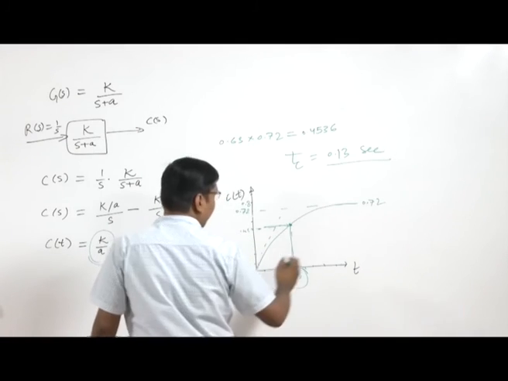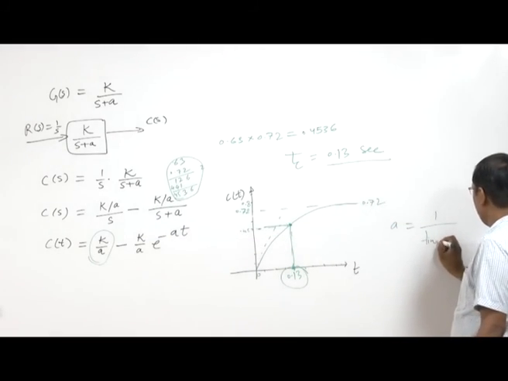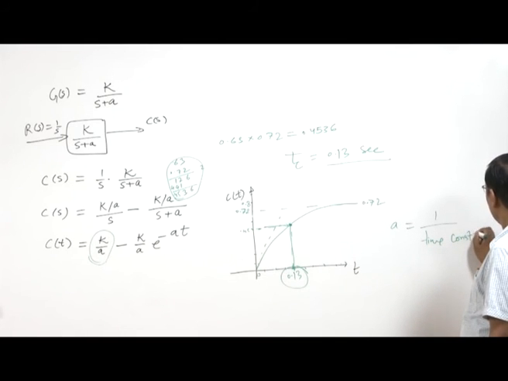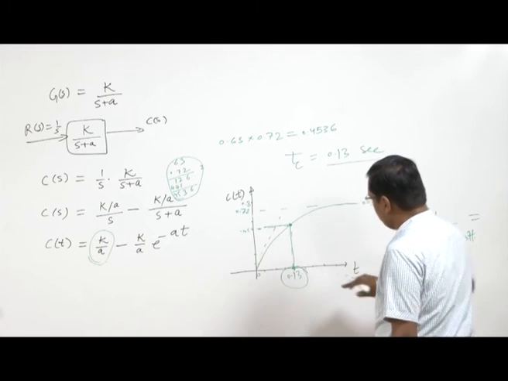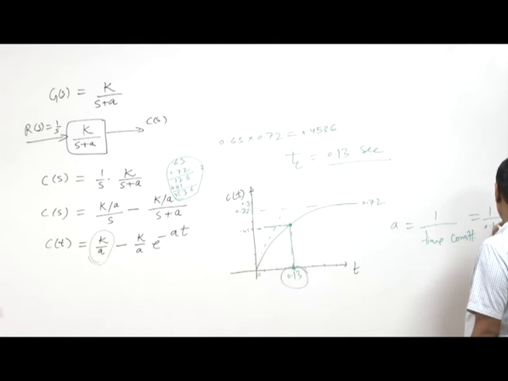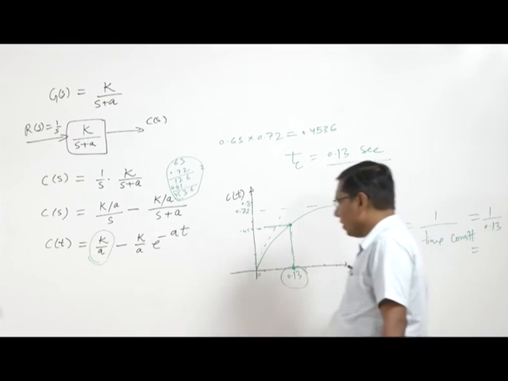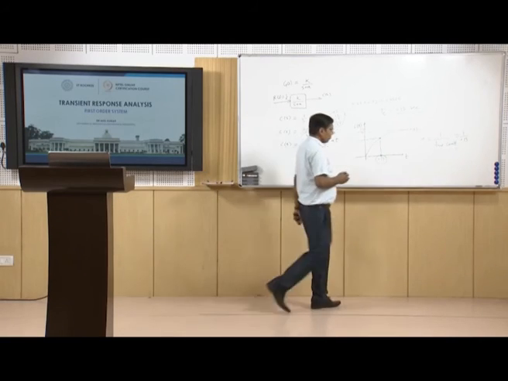So to get the a, a is 1 upon time constant, because a is the initial slope of this response curve. So that is 1 by time constant, 1 by 0.13, and we can get 1 by 0.13 is 7.7.